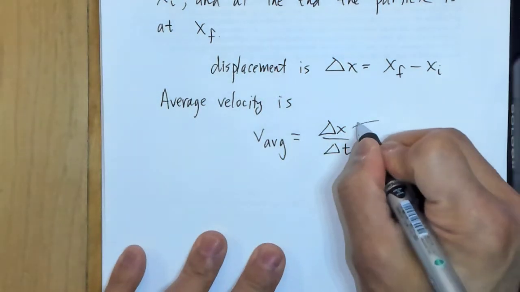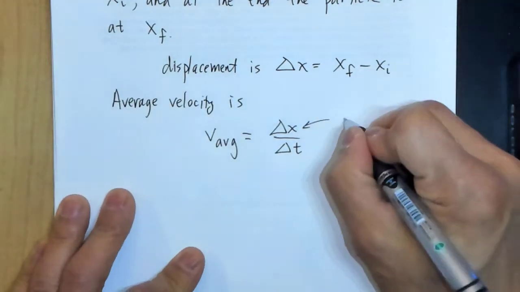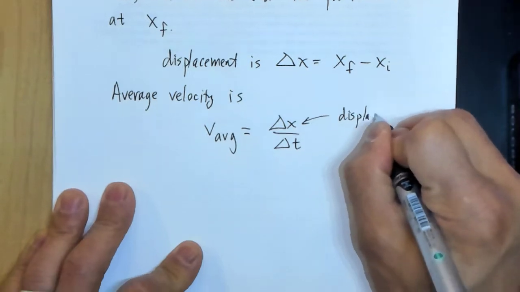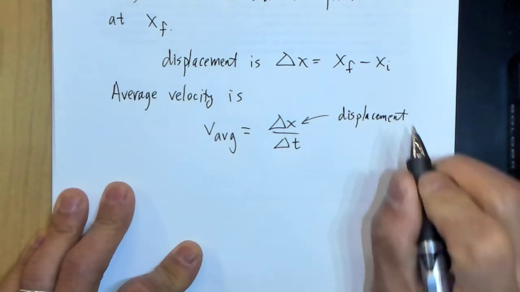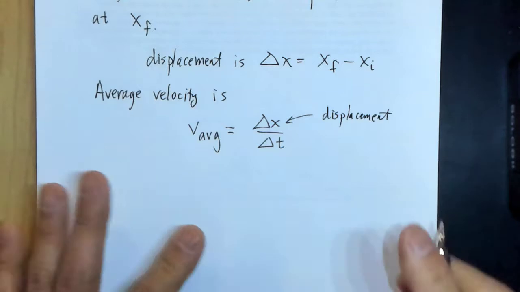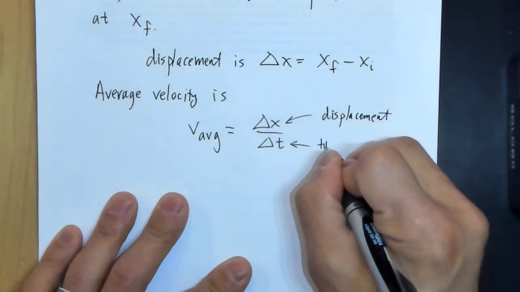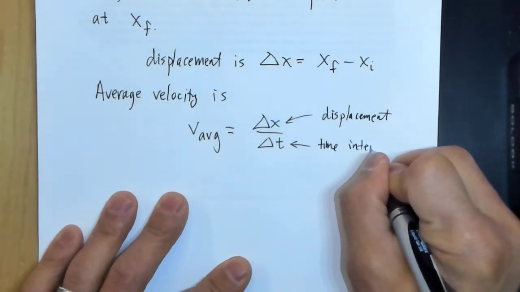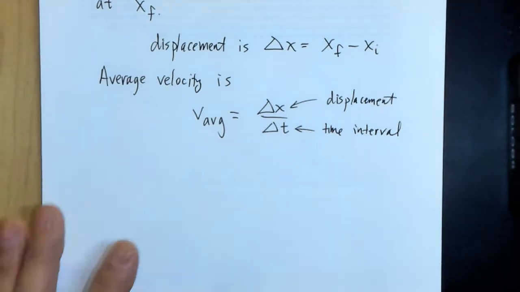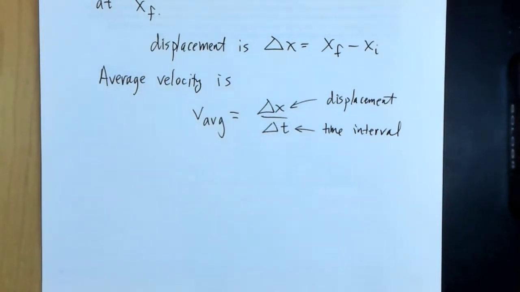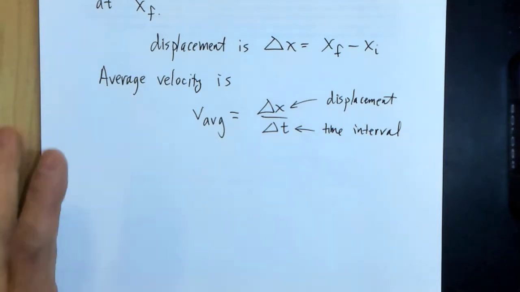Okay, so this I just said was the displacement, and delta t is the time interval. Questions about this? Average velocity, delta x over delta t.